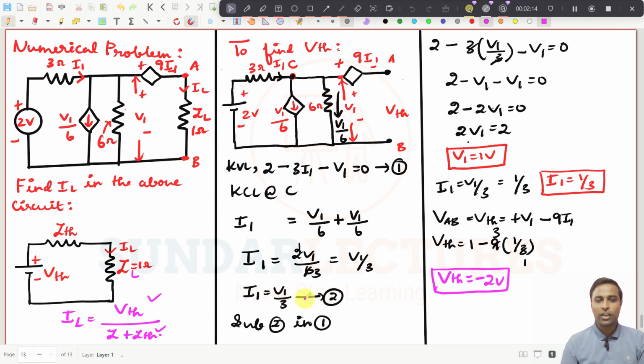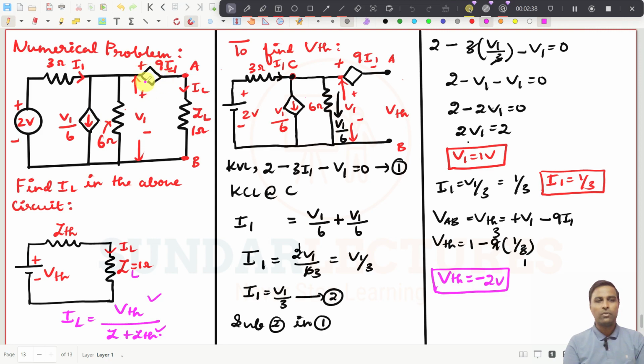So now what we need to do: we know what is VTH and we know what is Z. We have already been given it to be 1 ohm, and we need to find ZTH. How will you find ZTH? You need to open circuit this load resistance, and in this linear network, whatever sources you have inside the network, you need to deactivate all of them.